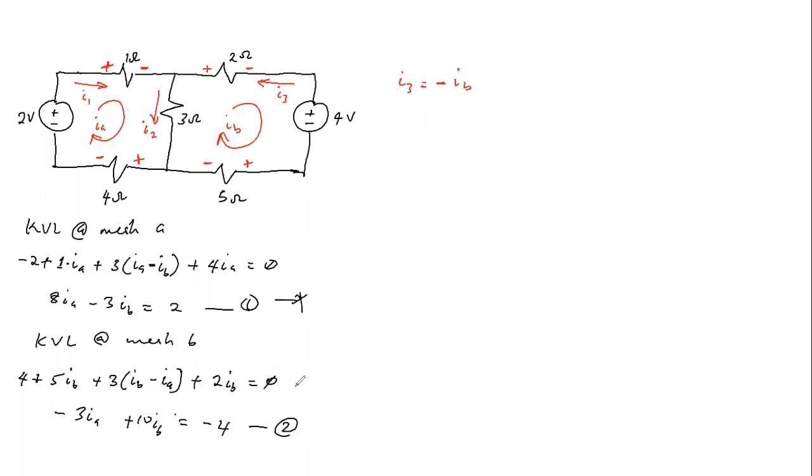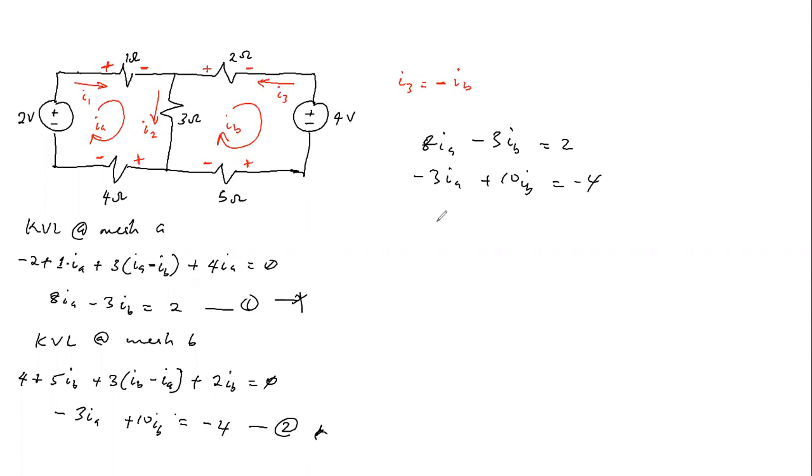So we have 2 systems of equation here. That is 8 IA minus 3 IB, the same as 2, and minus 3 IA plus 10 IB, the same as negative 4.